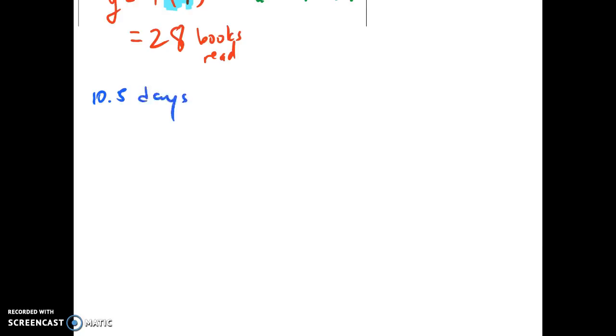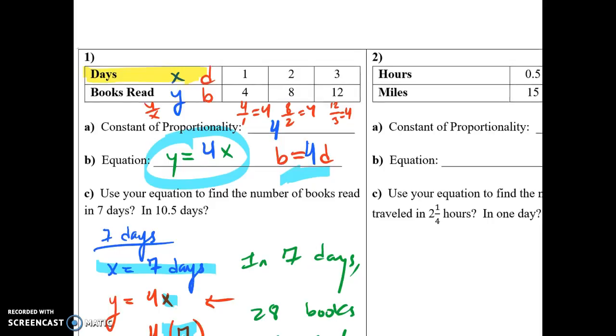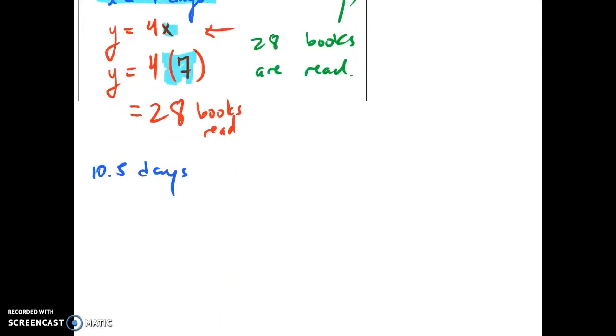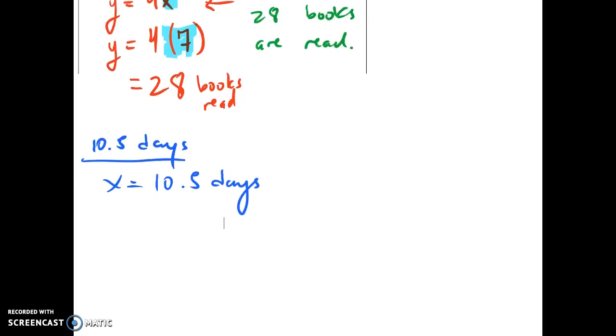Once again, days is our x variable. If they're telling us 10.5 days, this means that x equals 10.5 days. Rewrite your equation. y equals 4x. This equation never changes.